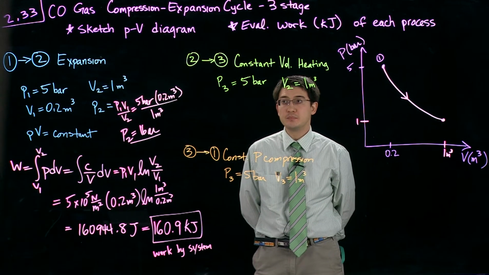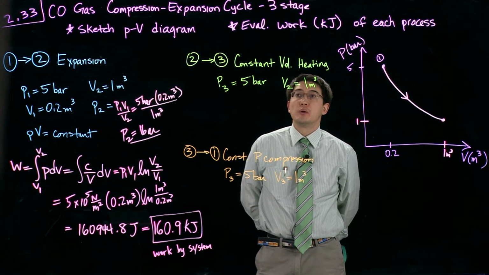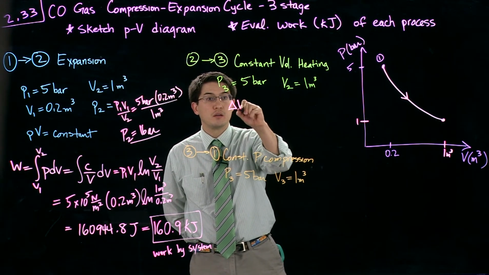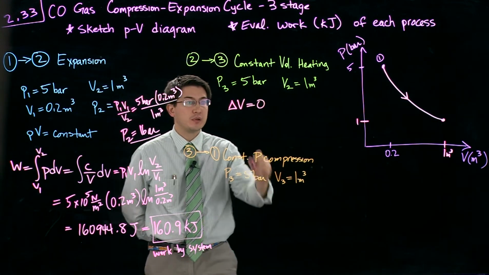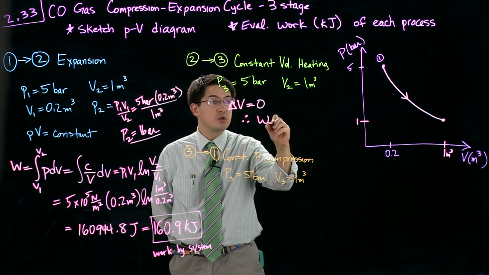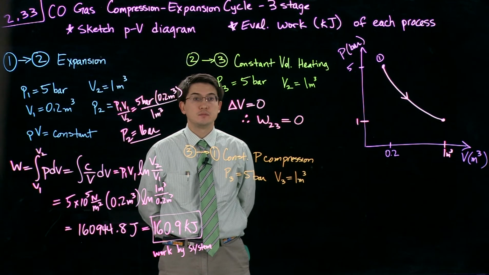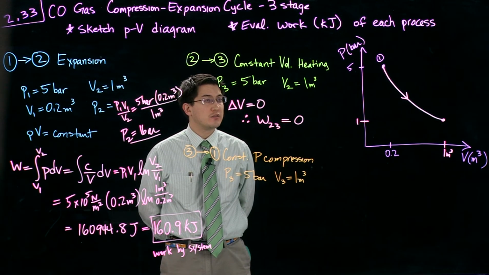Next, process 2 to 3. We know this is constant volume heating. There's no change in volume, and we know when there's no change, there will be no work done. So this process is pretty straightforward. There's no work done from 2 to 3.